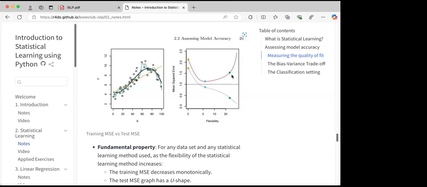While for the training MSE, when the model is very flexible, it is low, because almost all statistical learning techniques try to minimize the mean squared error. That's why the training MSE is very low in this context, because that's what the models do on their own. They try to minimize the mean squared error.